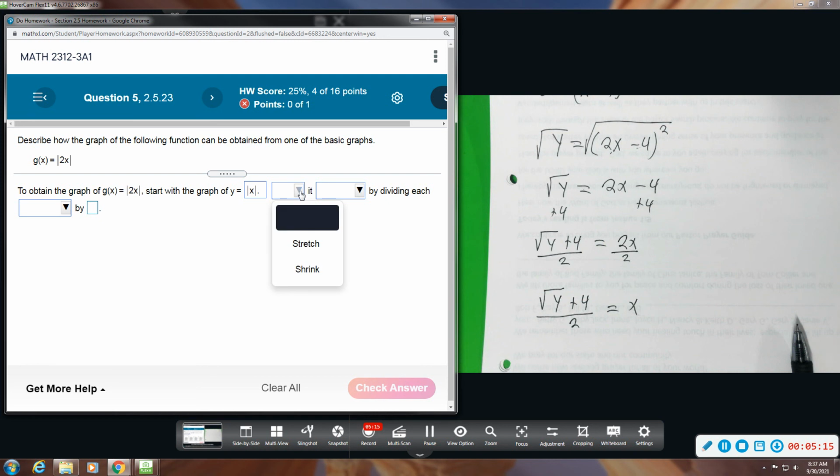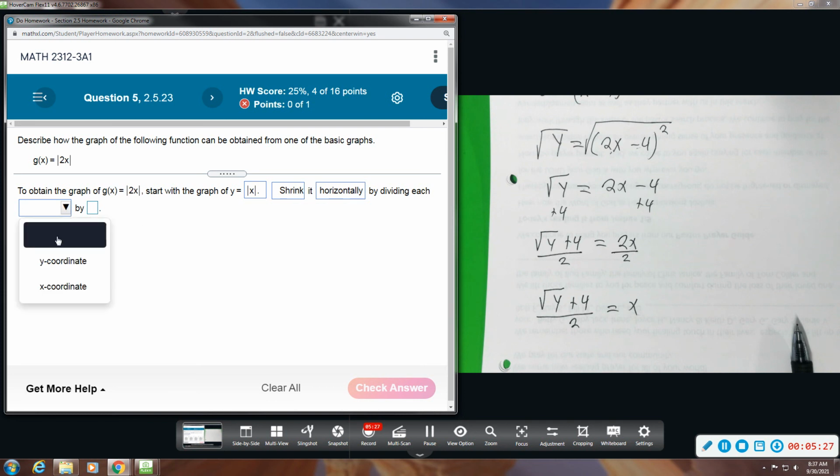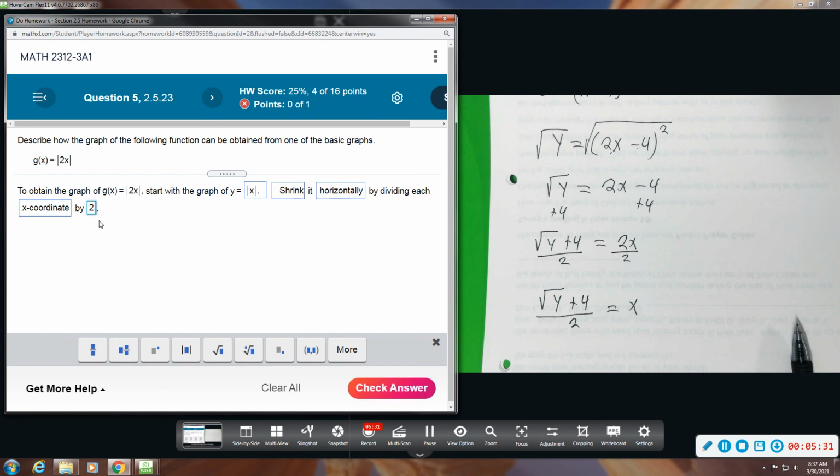So we're going to shrink it, okay, by dividing, shrink it horizontally, because that's in the horizontal direction. And it says by dividing each x coordinate by 2, okay, because this one is affecting the x. And so dividing by 2. So this is how you get a better understanding of that.